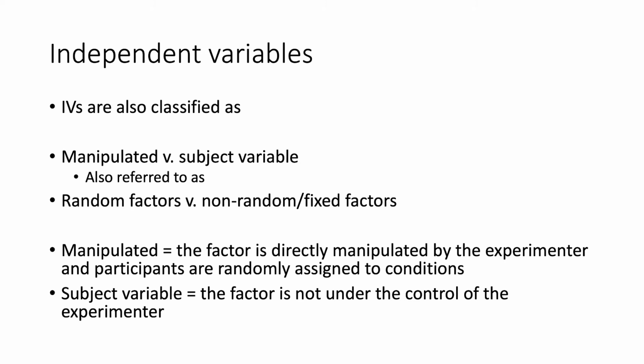And the problem with subject variables like that is that they can lead to other explanations, right? So if you've got short versus tall people, you might think that the variable is clearly height, but height might be a proxy for something else.